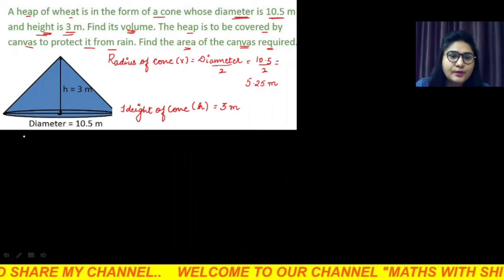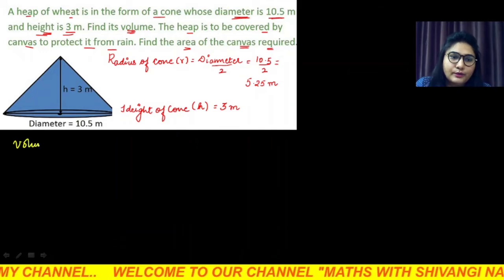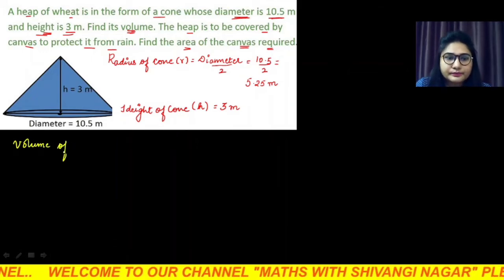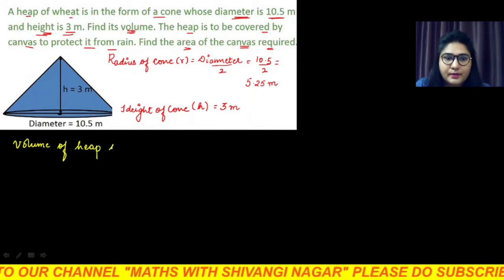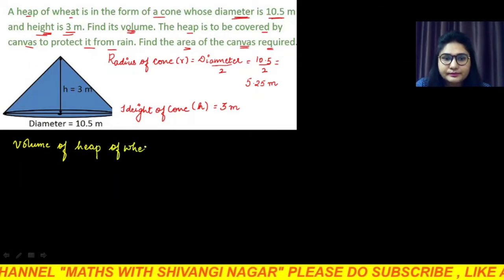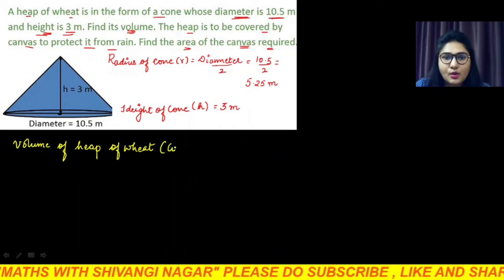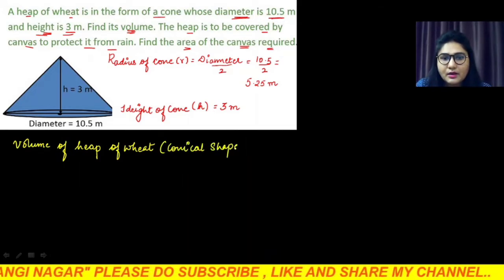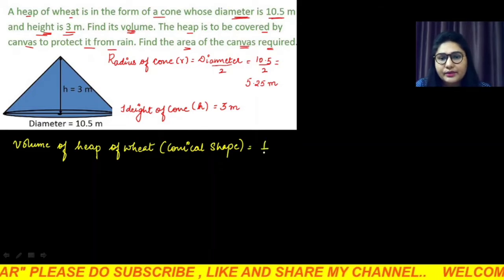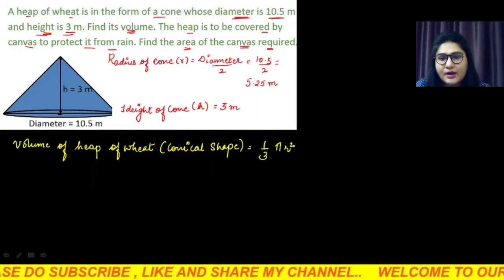What is the volume? So volume of heap of wheat, which is in the conical shape, is 1 by 3 pi r square h.